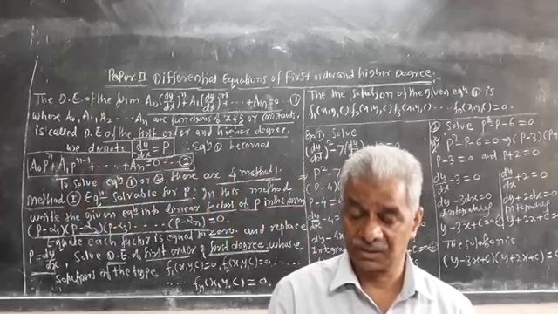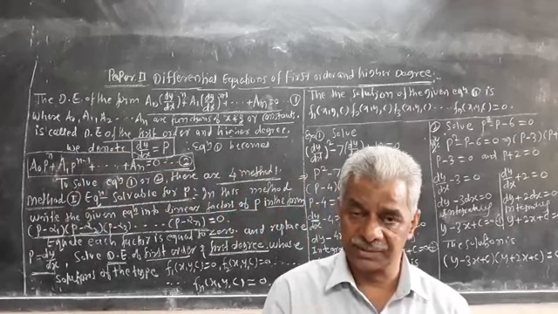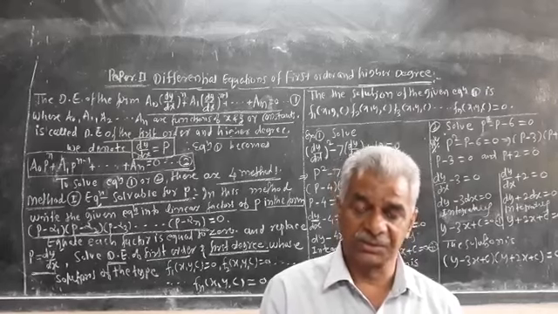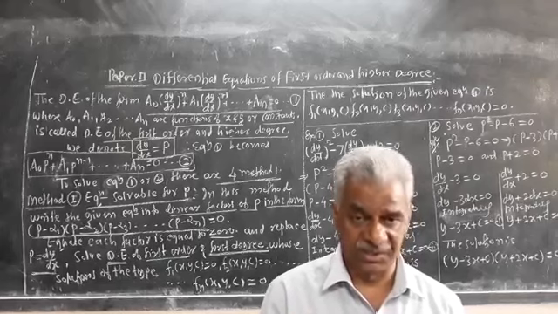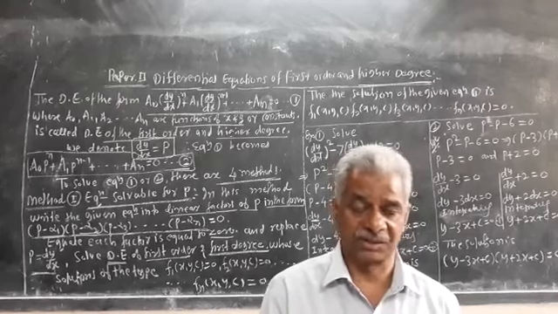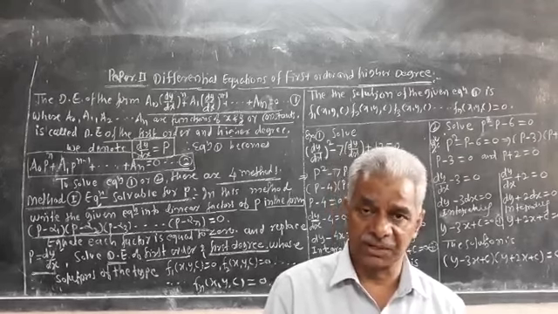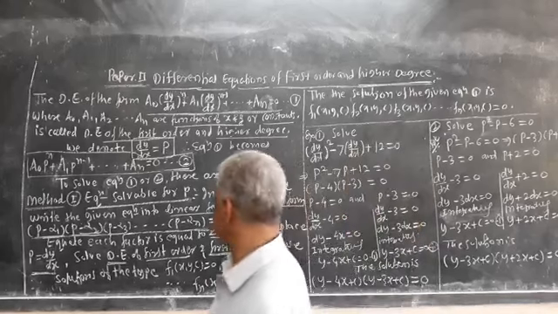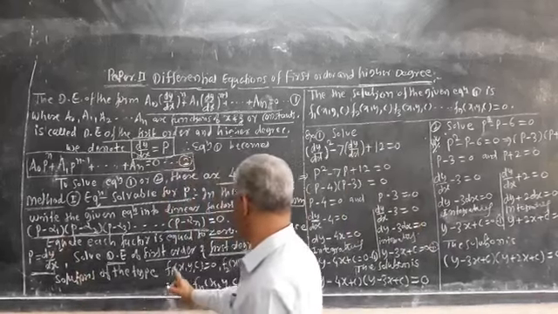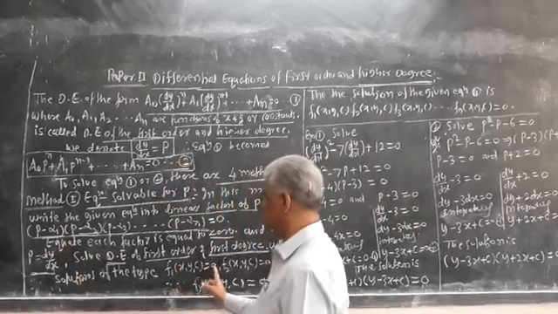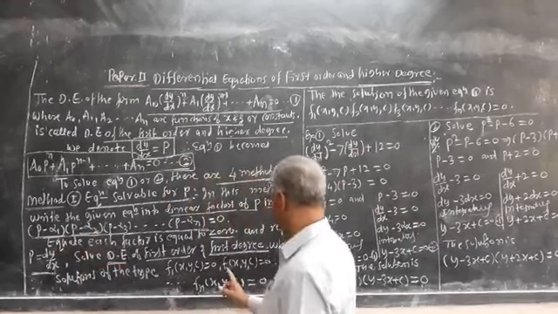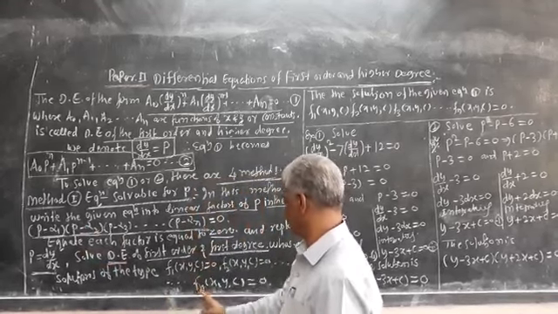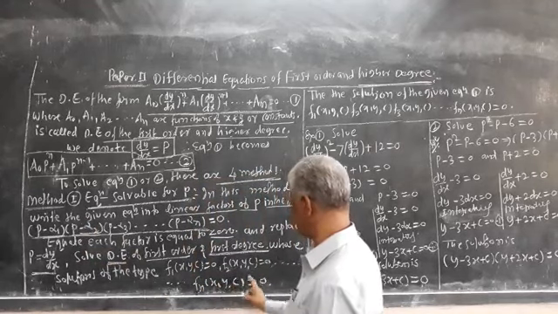Then we have to solve that differential equation of first order and first degree by using any of the previous methods, and by solving we will get the solution. Suppose the solution of the first factor is f1(x, y, c) = 0, the solution of the second factor is f2(x, y, c) = 0, and so on, the solution of the last factor is fn(x, y, c) = 0.